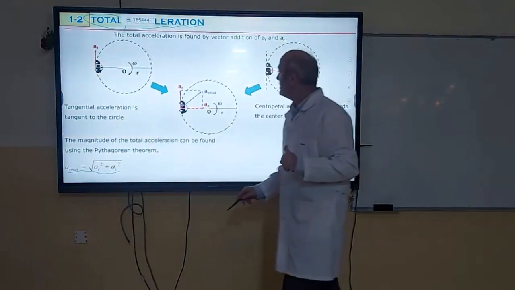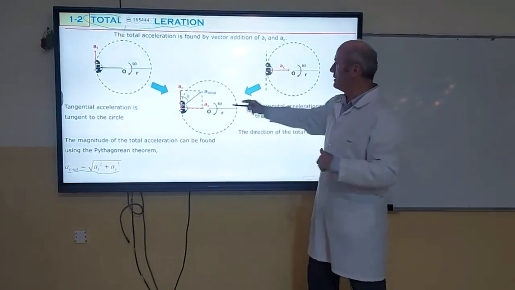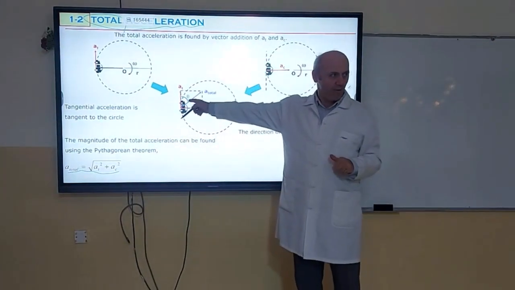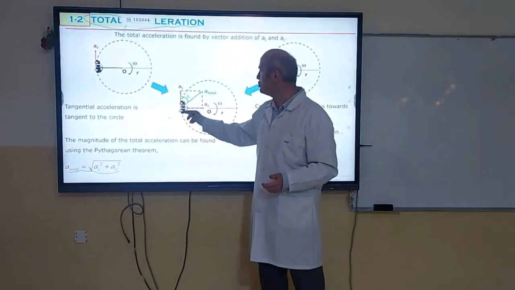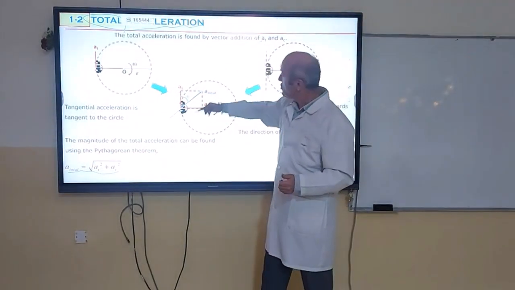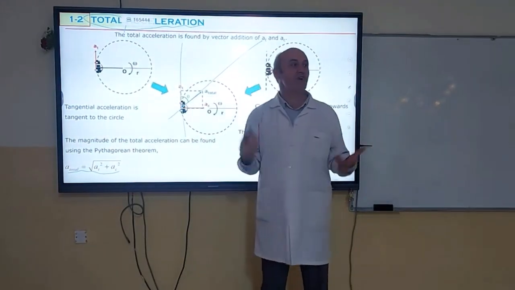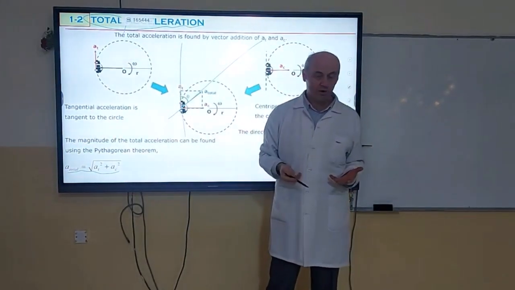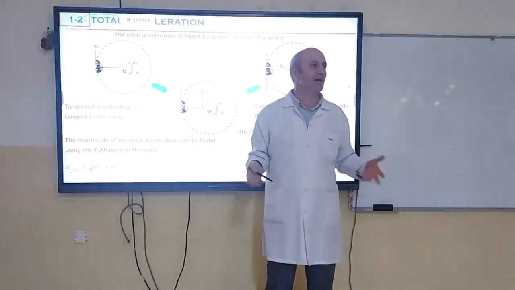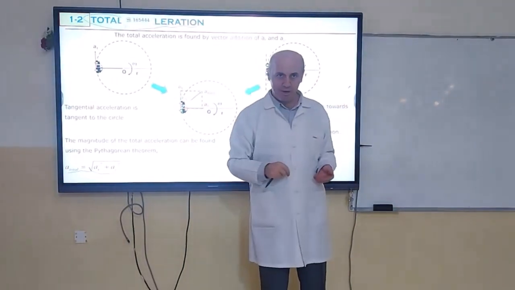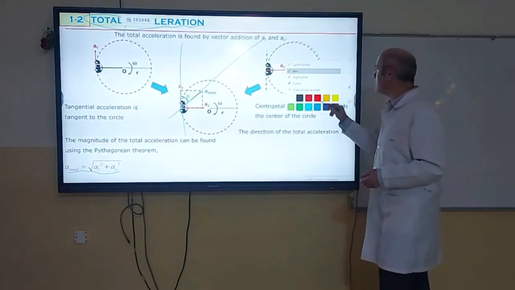And one more thing, an angle. This angle can be calculated too. In fact, it is the angle between total acceleration and the direction of velocity, the direction in which the car moves. This angle is theta. How can we calculate it? By using sine theta, cosine theta, or tangent theta, one of them. Tangent theta is the best.